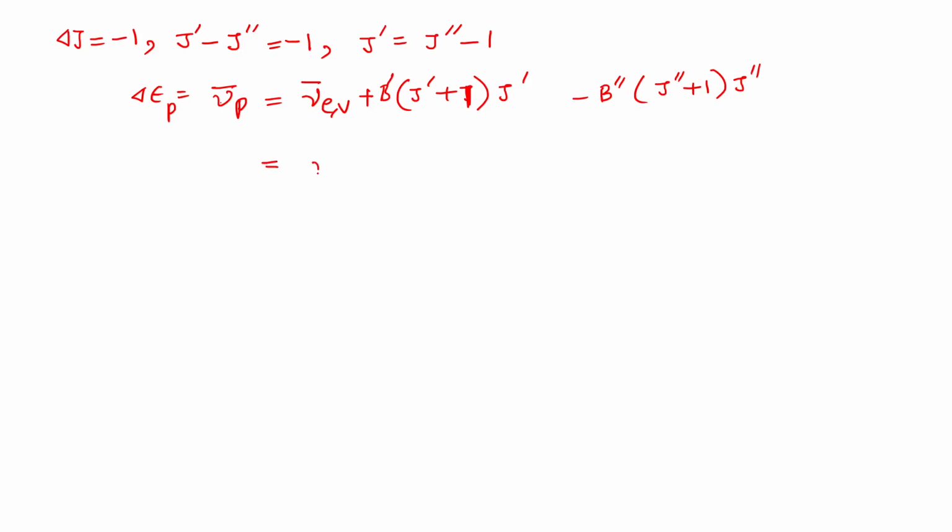So J, it's going to be J prime, because see, J double prime minus 1 plus 1. So only J double prime will survive. And this is J double prime minus 1.